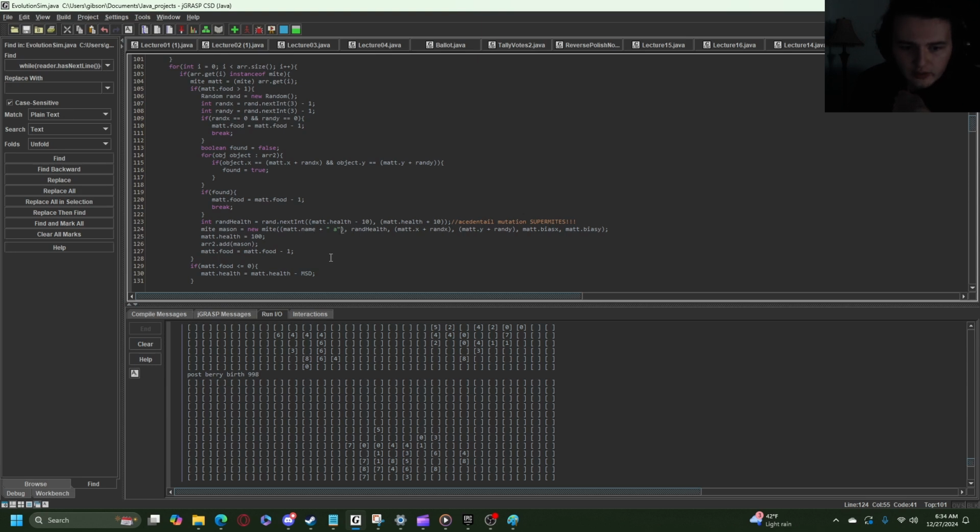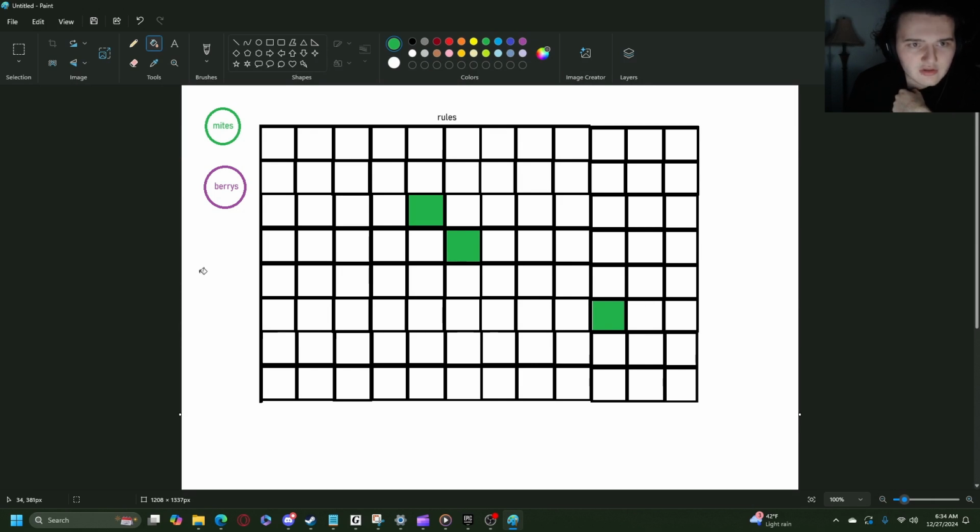And you could use this to trace back what mite it originally originated from, as long as all of your mites have different originating names. So, this makes things extremely easy.